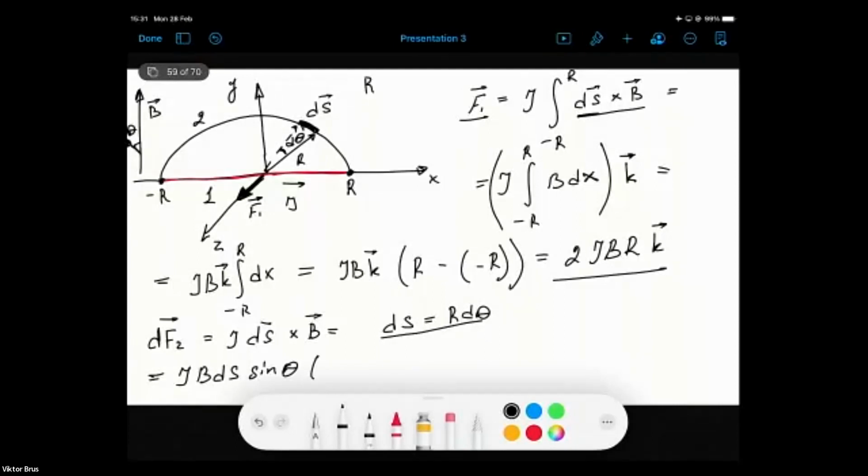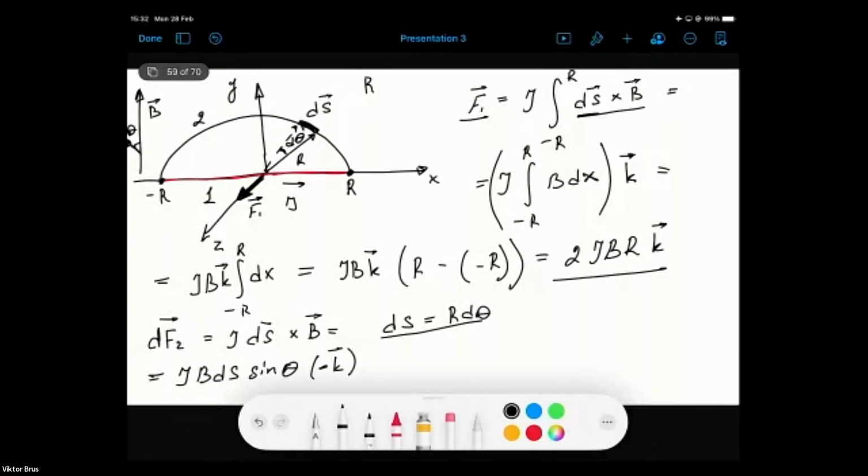Here we also need to add minus k unit vector, because we have already shown previously that the F2 vector exerted on the second segment of this loop will be aligned in the opposite direction to the direction of axis z. So that's why we put minus in front of k unit vector.